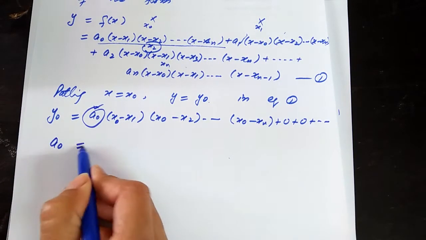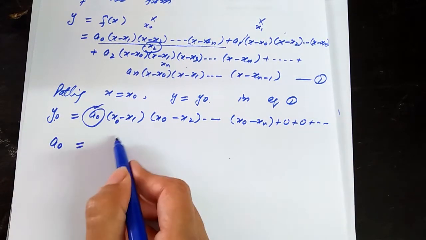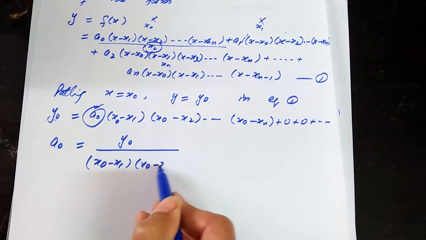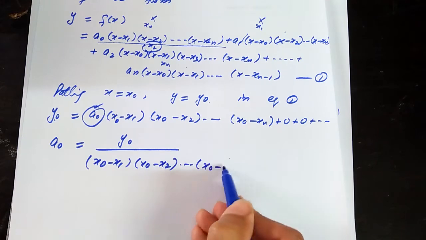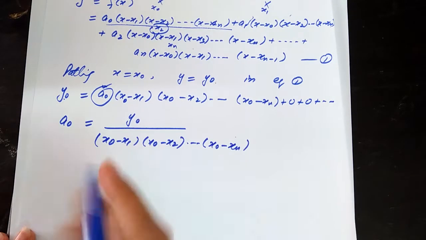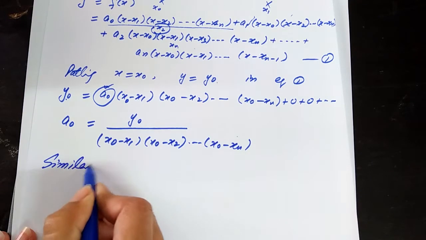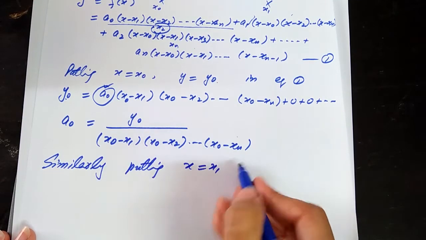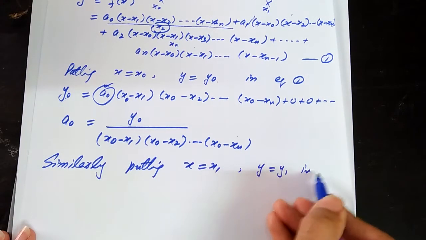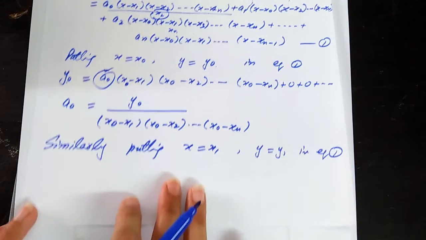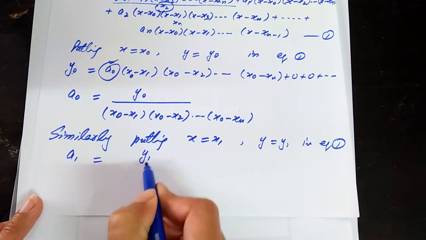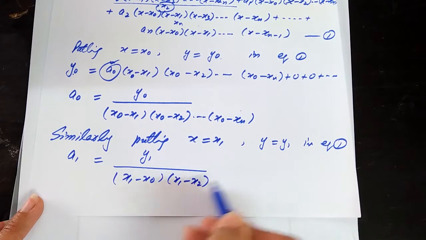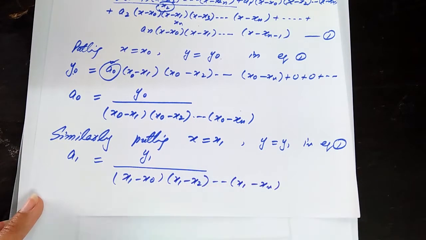And what will my a0 be? a0 will be equal to y0 divided by this coefficient: y0 divided by (x0 minus x1)(x0 minus x2) up to (x0 minus xn). Similarly, putting x equals x1 and y equals y1 in equation number 1, we get a1 equals y1 divided by (x1 minus x0)(x1 minus x2) up to (x1 minus xn).